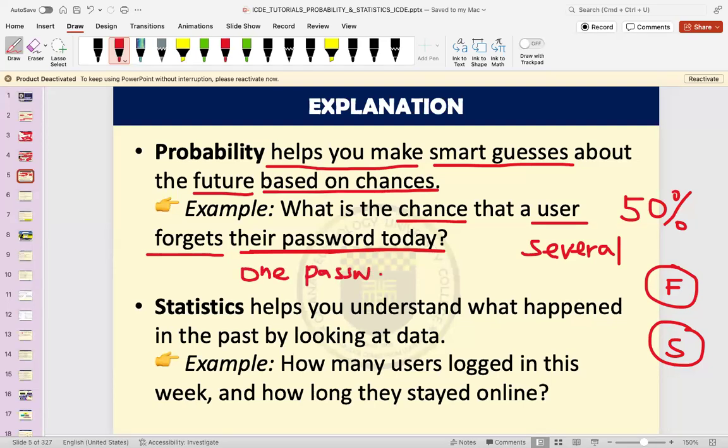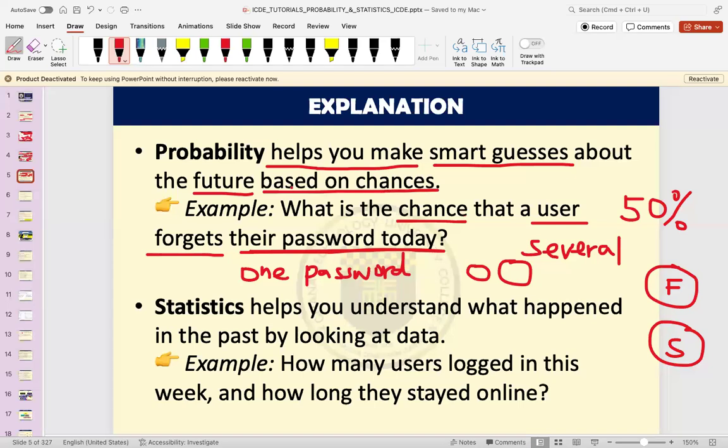So for such people, if you ask me what is the chance that a user forgets their password today, I'll still go for the 50%, because sometimes in the course of typing, they may type 0 as O, or their hands may go faster than their mind will think. So they may, in that case, forget about it.